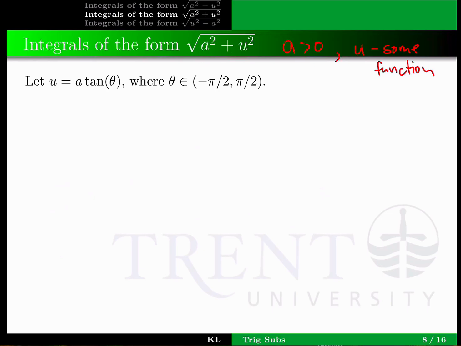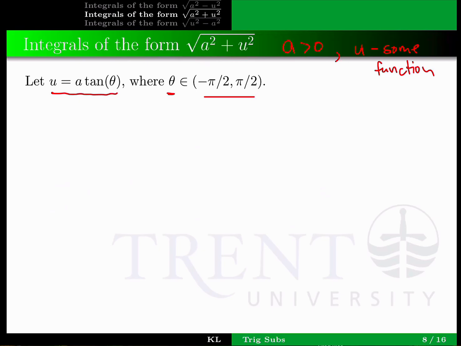So if we see this form, a squared plus u squared, our substitution will be u equals a tangent theta. And in here, theta will be in the interval negative pi over 2, comma pi over 2. In the circle, this is actually your fourth quadrant and first quadrant.